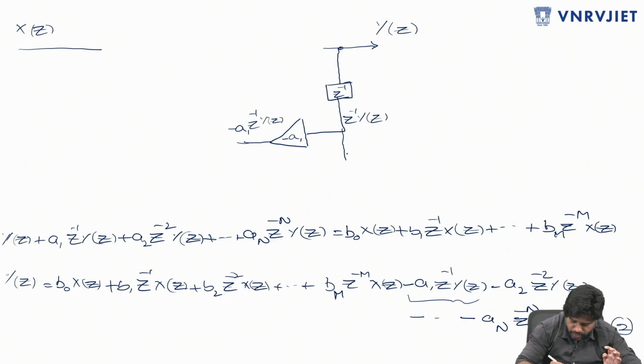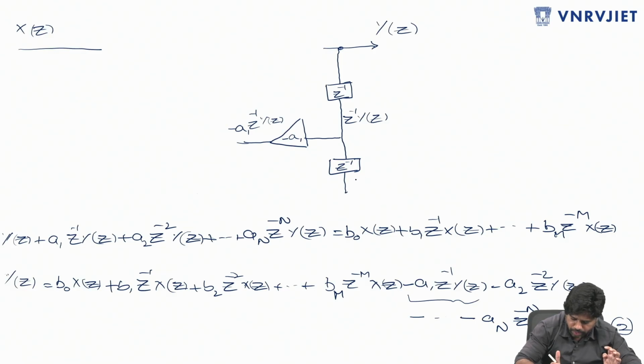So extend this, and here you will get unit delay element z power minus 1 only.